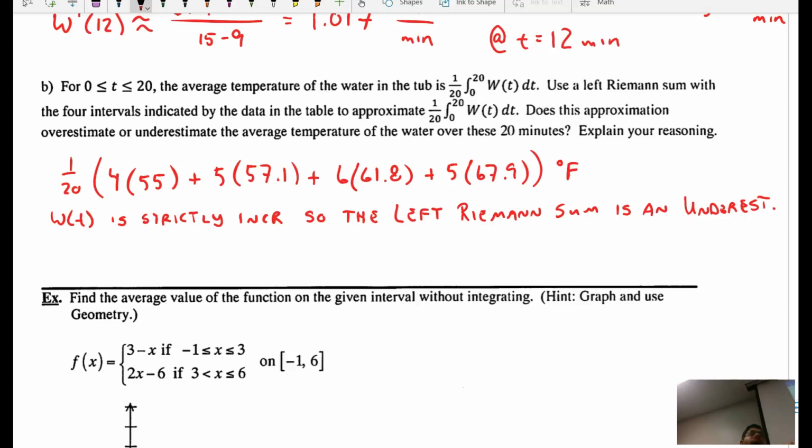Do I also have the non-simplified answer for the average? Well, when I take my left Riemann sum and multiply it by 1 over 20, there's also my correct non-simplified answer for the average. So that's 2 of the points. And then do I have the correct underestimate with the correct explanation? That's where the third point for part B comes from.